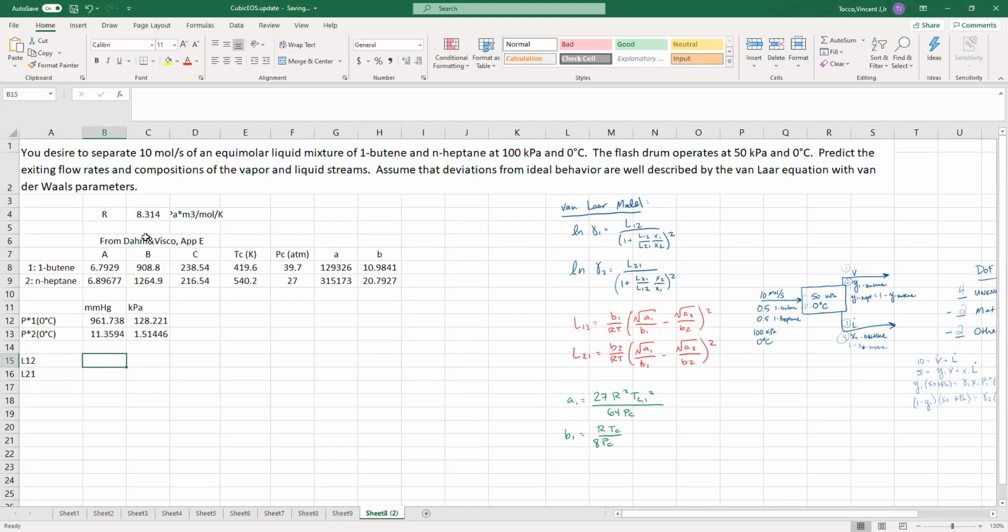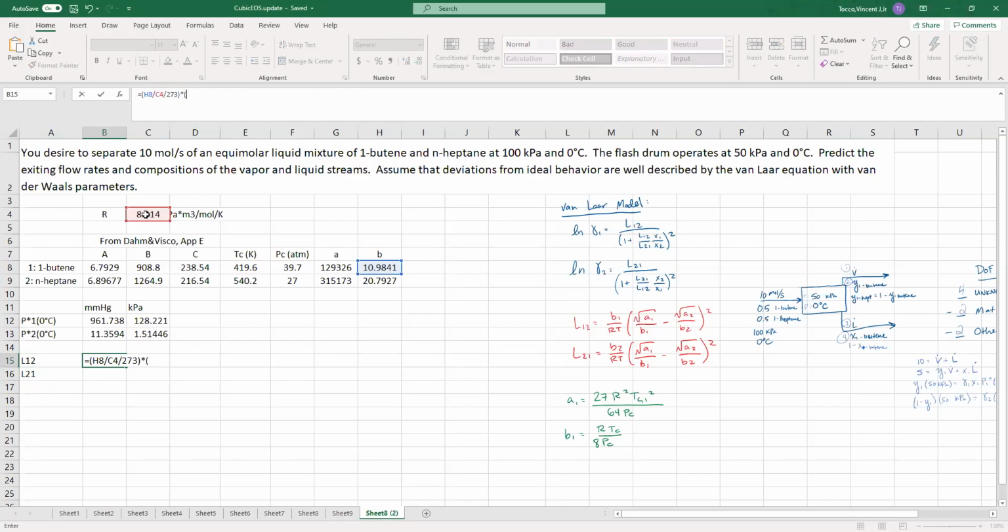I love using Excel as my calculator. Let's see, yeah, I want to keep the same value for R here. So I want to say L12 equals B1, I'm going to put this in parentheses, make it very difficult to mess up. So B1 divided by R times T, and T in this case is 273 Kelvin, right?